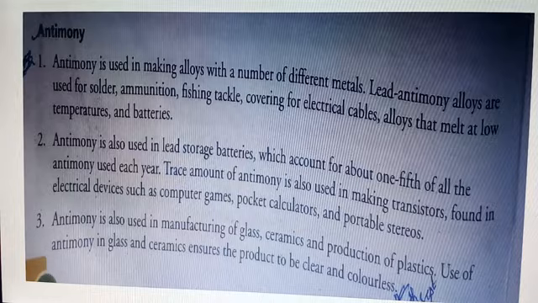Solder is used by mechanics for joining broken parts in electronics. Alloys of antimony are also used in ammunition, fishing tackle, covering for electrical cables, alloys that melt at low temperatures, and batteries.